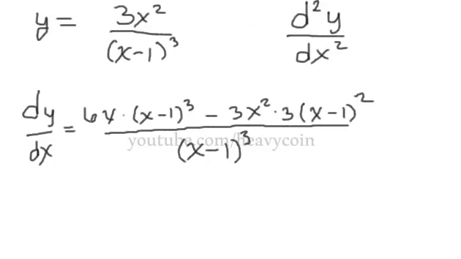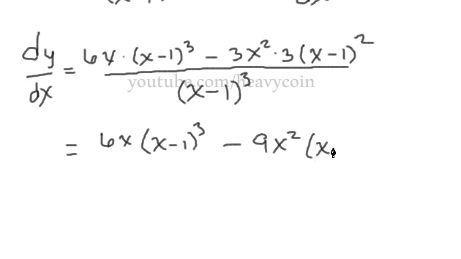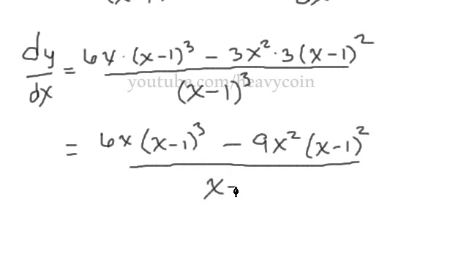Alright, so what we need to do now is clean this up as much as we can and do some factoring. I'm going to have to rewrite this: 6x (x minus 1) cubed minus 9x squared (x minus 1) quantity squared, and remember that is all over (x minus 1), and something's fishy here.